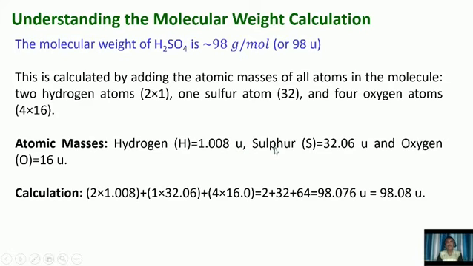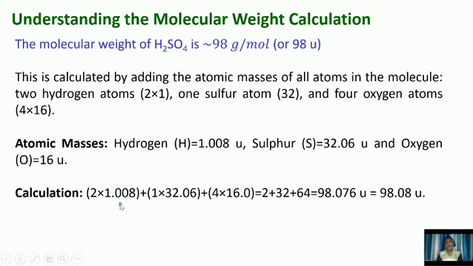Rather than taking this rough figure 1, I will suggest that you always take this atomic mass for hydrogen. For sulfur, the atomic mass is 32.06 atomic mass unit, and for oxygen, rather than 15.999, I have taken 16, that is the atomic mass of oxygen.